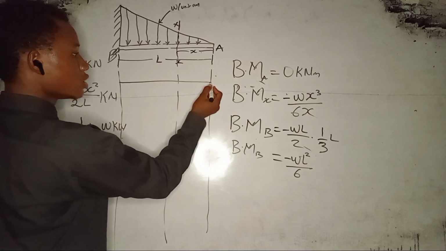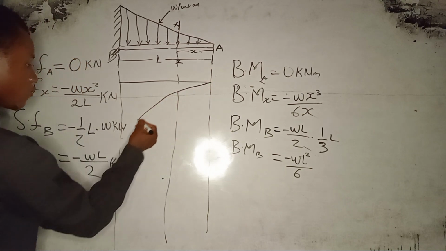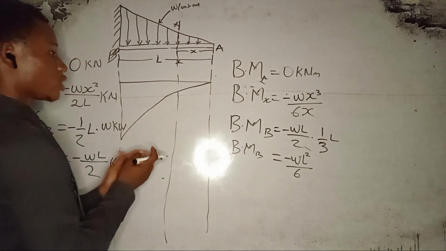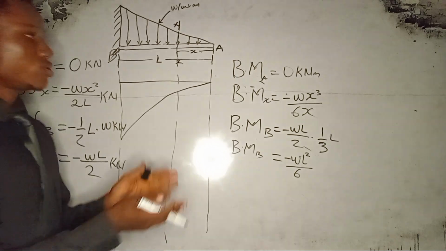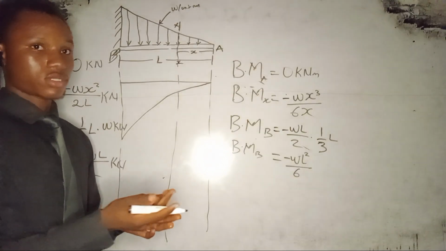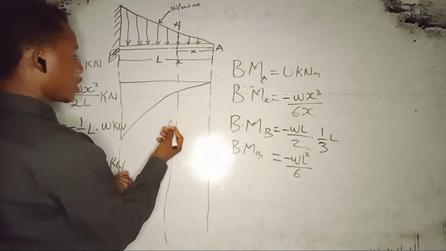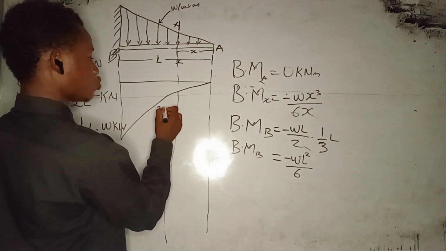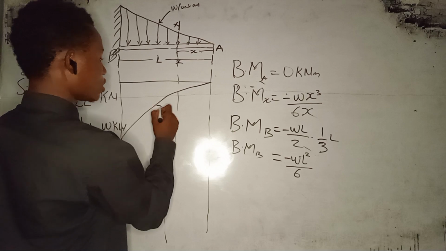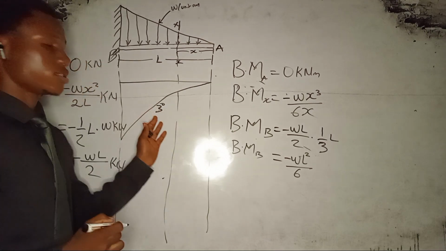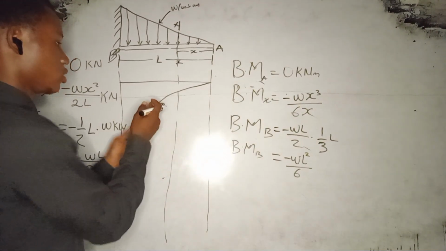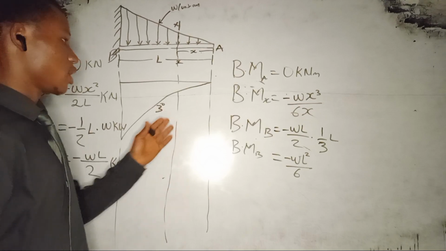It will be a cubic curve. But you cannot really differentiate between a parabolic curve and a cubic curve. So you just have to make sure that it's some kind of curve, and you can differentiate it with 3 degree, which means that it's a third degree line. It is a third order line.